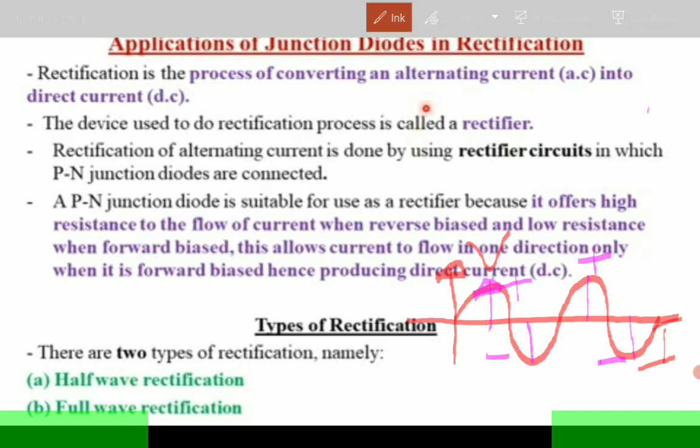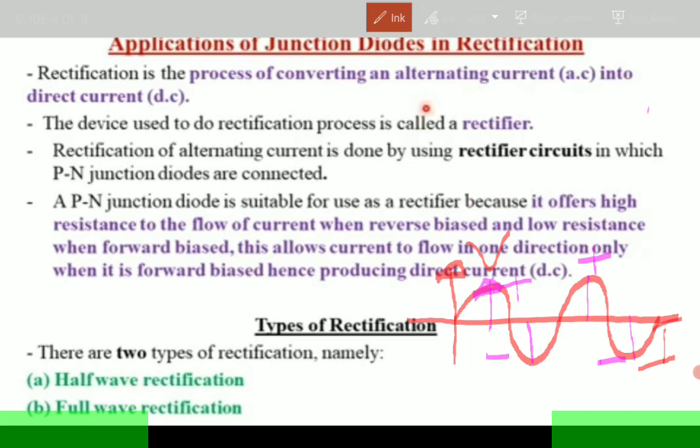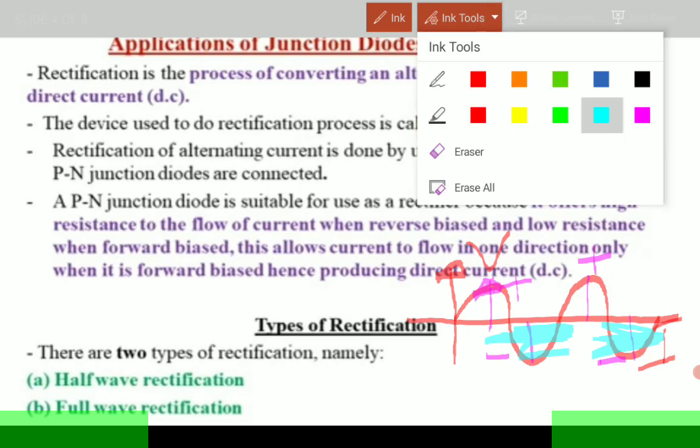So this job is done by PN junction diodes. Once connected in a circuit, a diode is going to remove the lower part, this part here, so that in the end you have direct current.